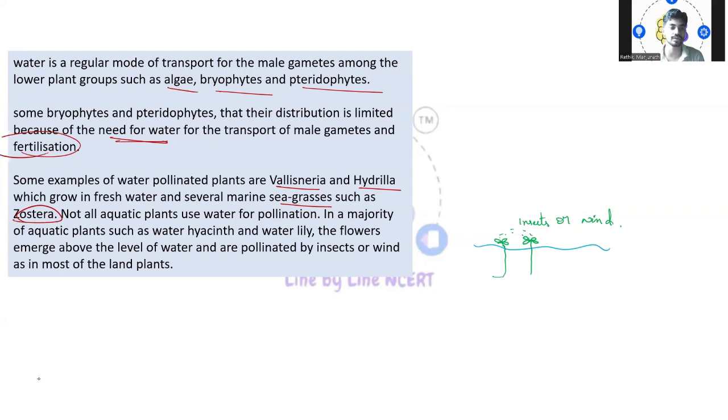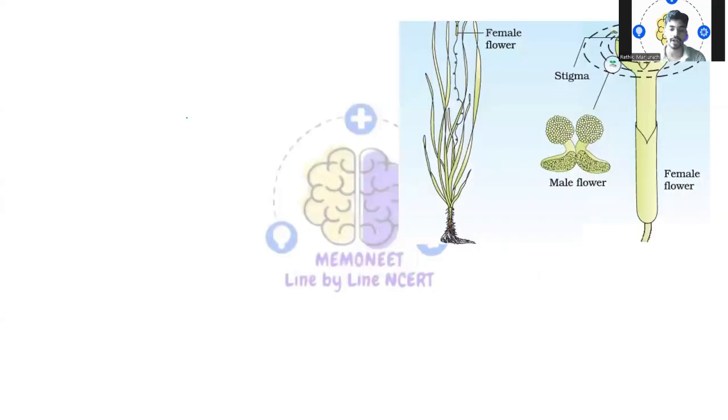So going to the next, what about water pollination? How does pollination normally occur in water? You have heard about the example I just discussed, Vallisneria.